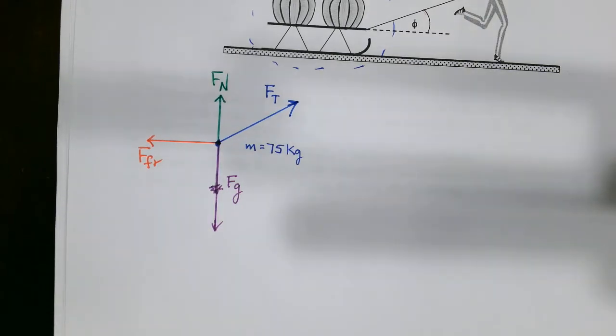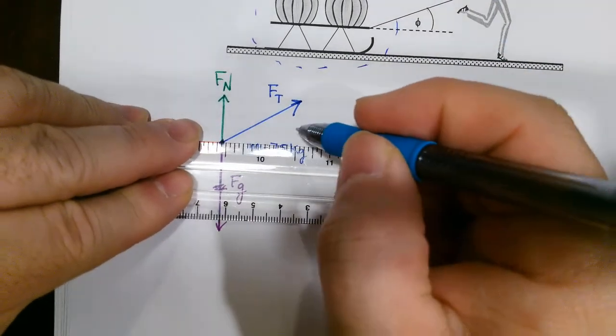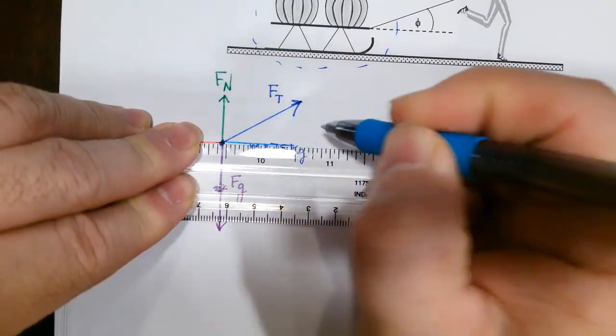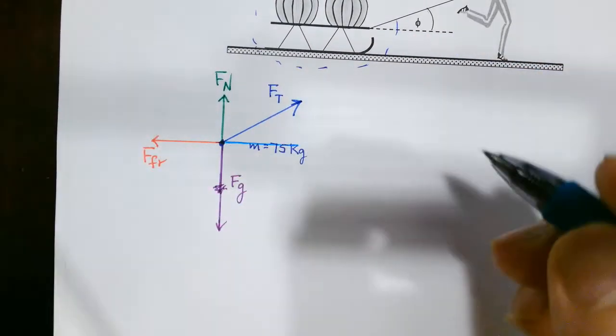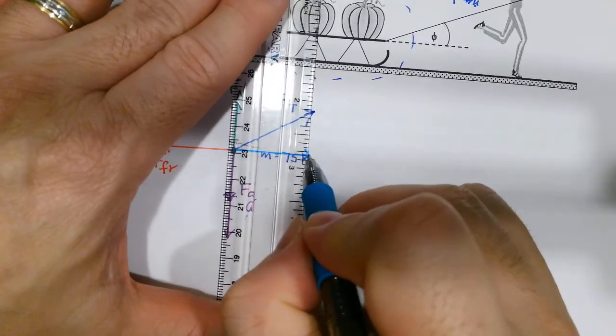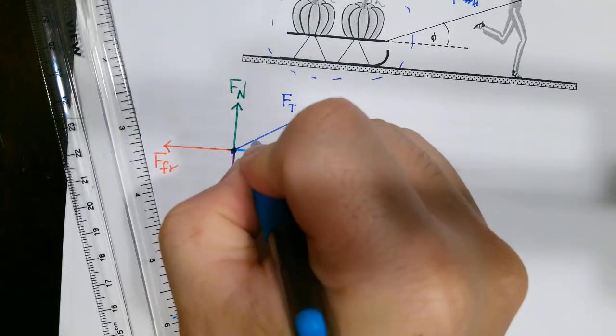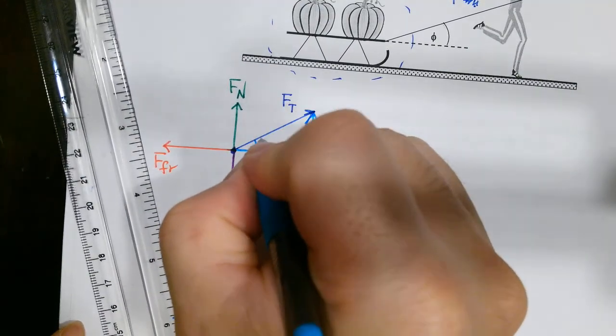This F tension will have a horizontal and vertical component of the F tension. So this angle here happens to be 42 degrees.